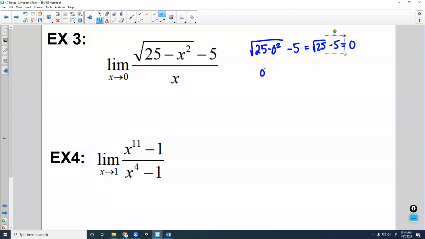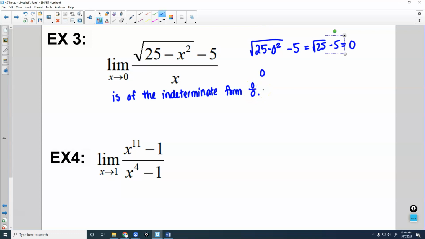Again, I would avoid putting the equal sign there. But if you have done scratch work, instead of doing the proper limit notation, you can say it is of the indeterminate form 0 over 0.